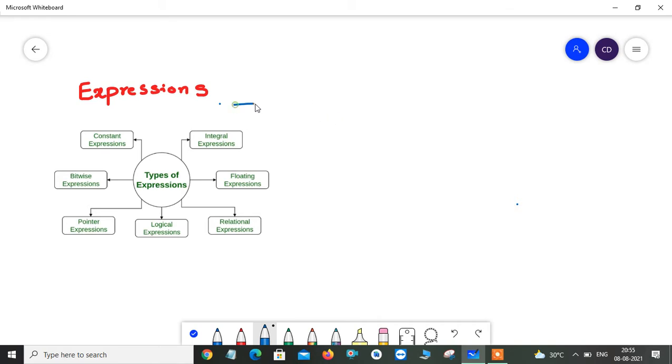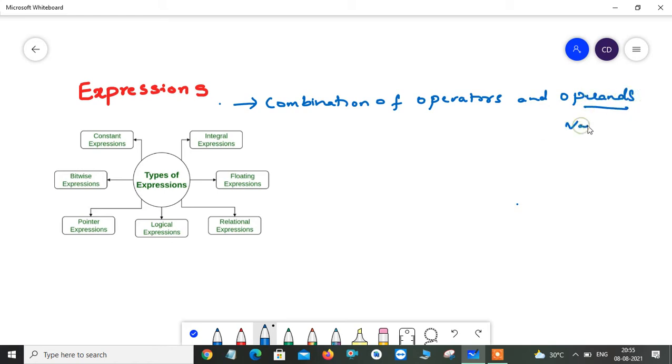An expression is nothing but a combination of operators and operands. Operands are nothing but the variables. Operators are nothing but symbols.